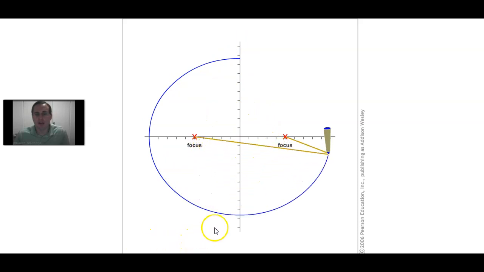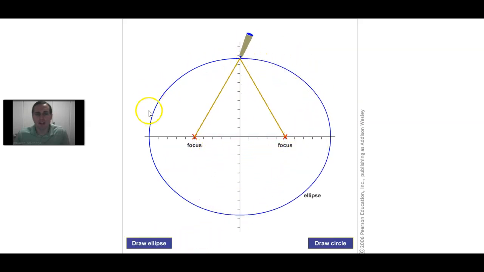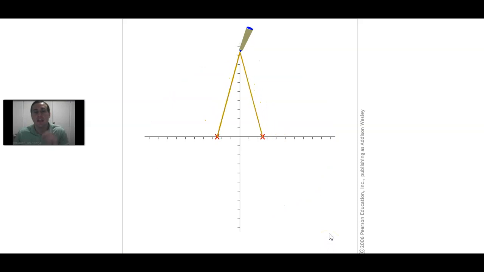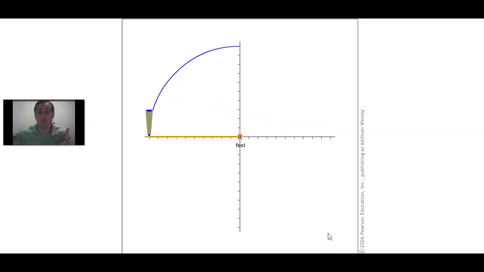Notice that this is what an ellipse looks like. It's kind of a very clever and fancy looking oval that has a very specific shape. And it's elongated. Notice that this larger axis we call the major axis, and this shorter axis here we call the minor axis. Now, how is a circle different from an ellipse? A circle is just the set of all points that are equally distant from one point.